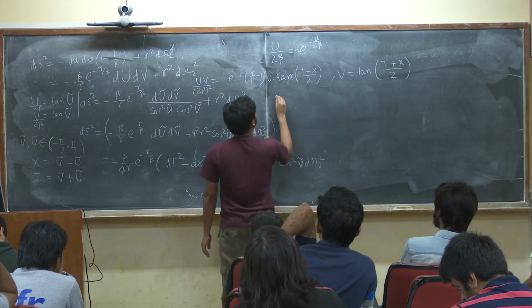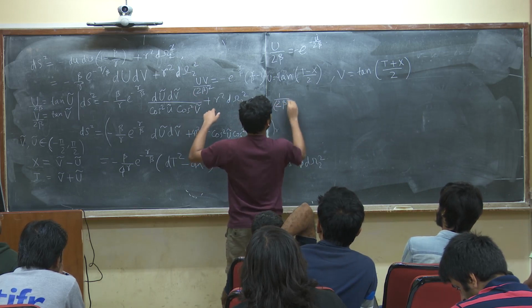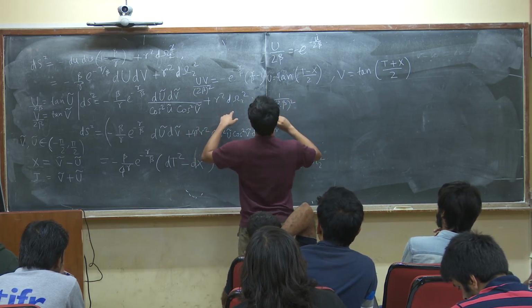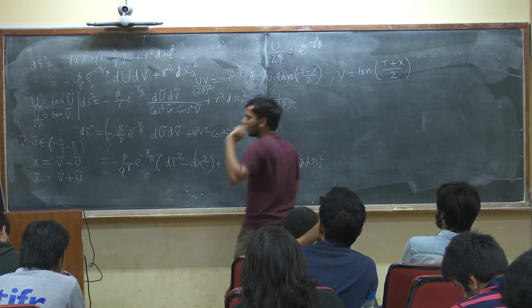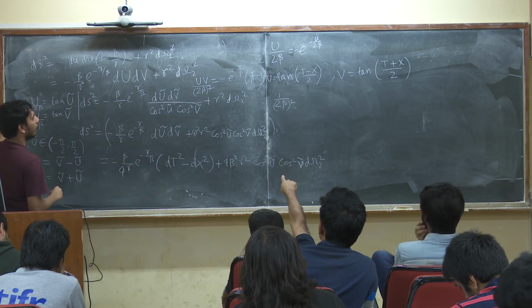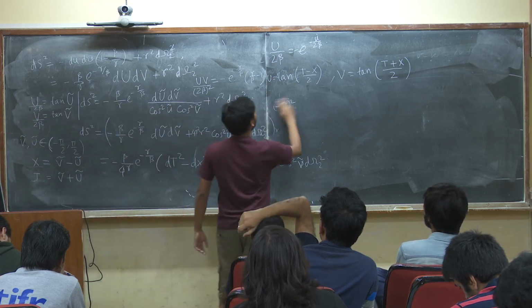So from this relation, the 2 betas will cancel. Because u by 2 beta is tan, right? You want to write it in terms of the tans, right? So u by 2 beta is u tilde.